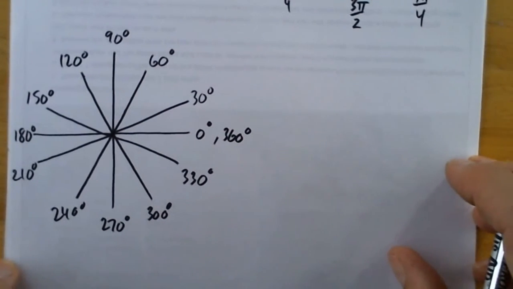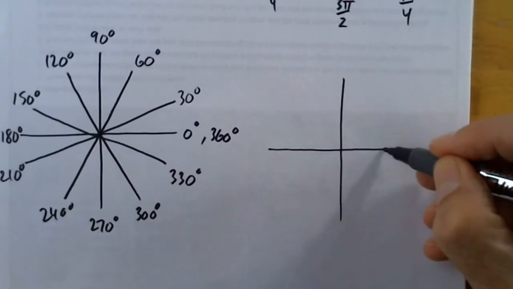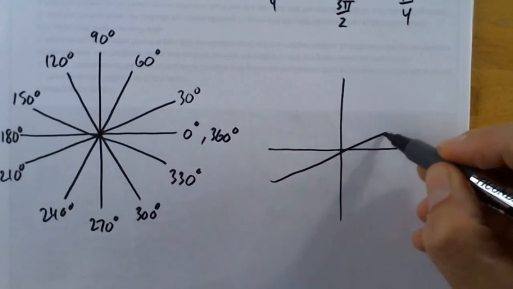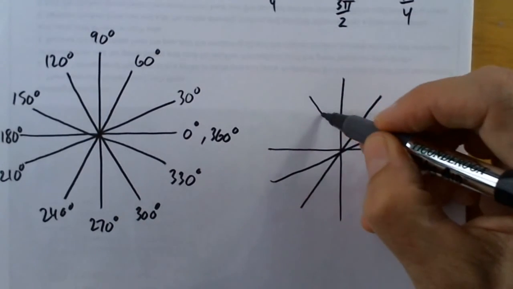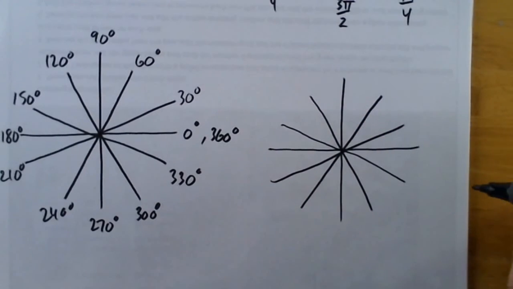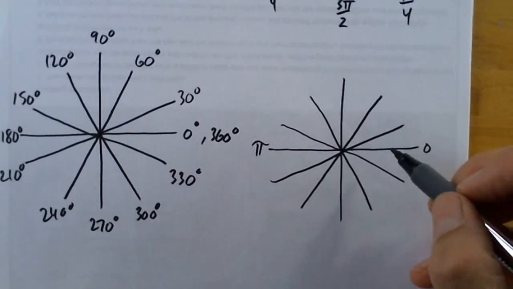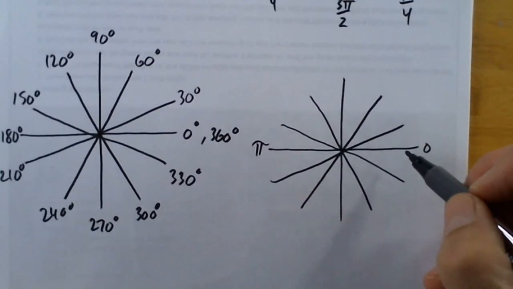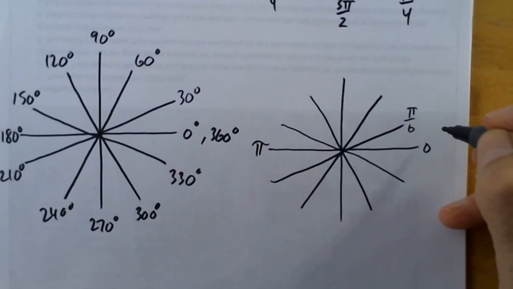And we can do the same with radians. So we have 0 and pi. We have divided pi into 6 equal parts, so each part is pi over 6 radians.